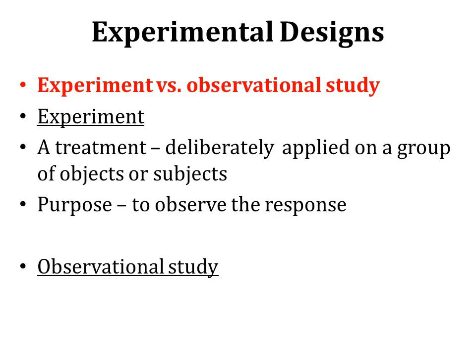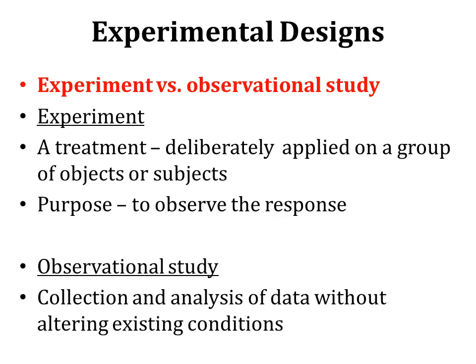While in case of an observational study, you collect and analyze the data without altering existing conditions. So in this case, you're not applying any treatment, right? You don't define a treatment, you don't apply a specific treatment to see the response of that treatment. Rather, you collect the data which is present as such, and you do the analysis on that data.